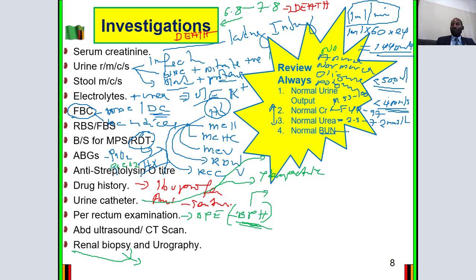What of blood urea nitrogen? There it is 3.6 to 7.1 millimoles per liter. So I hope you have understood, and hope we are moving together as we proceed now to another area.